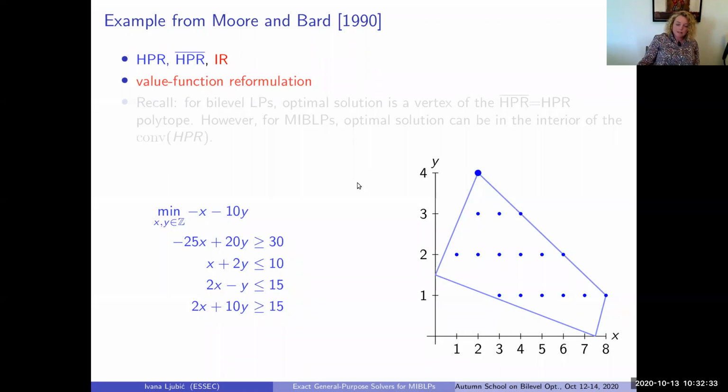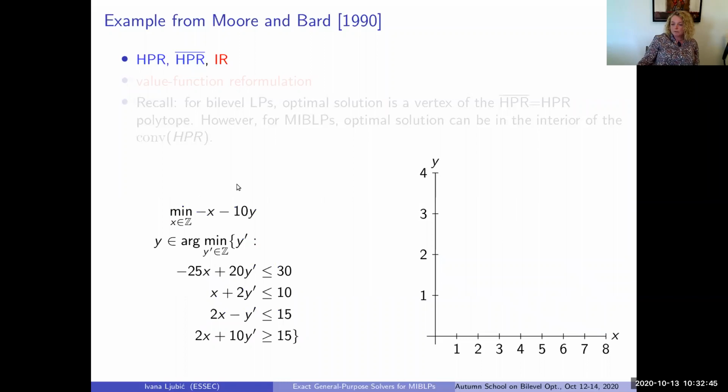However, let us now think what will be the bi-level feasible points for this particular problem. Remember that bi-level feasible points, if we go back to the original problem definition, we have x that has to be integer, so we can only look at x equal 1 to 8. And then for each particular x, we are actually searching for the best follower response.